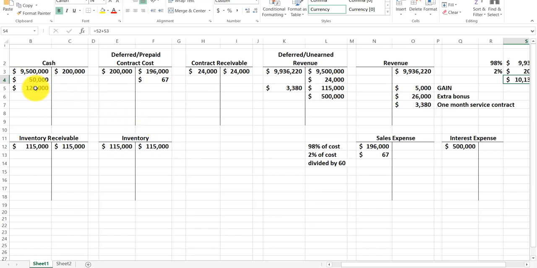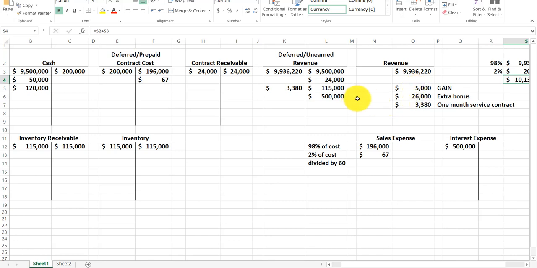So we have a debit to cash of $120,000, credit the inventory for $115,000, and the additional gain is not really a gain, it's revenue. It's a change in the value of that non-monetary item we received. And so we put it in the same account as our revenue.